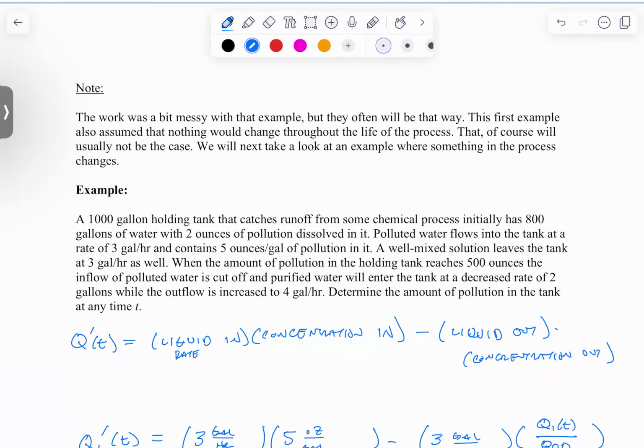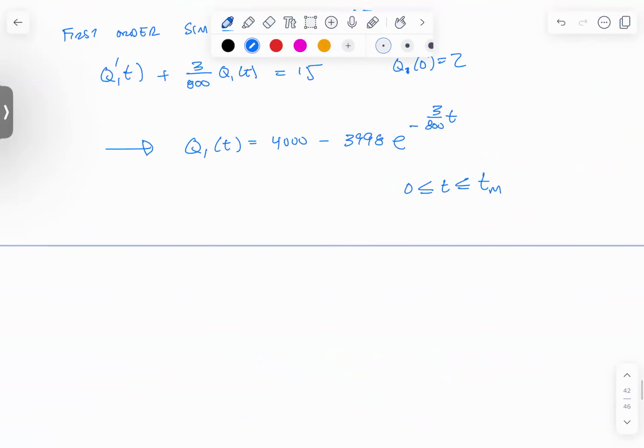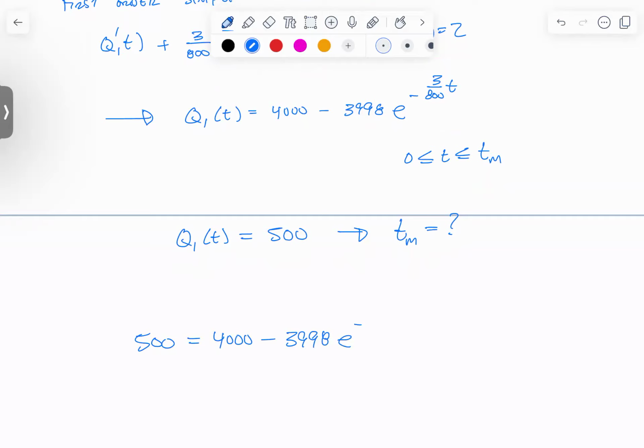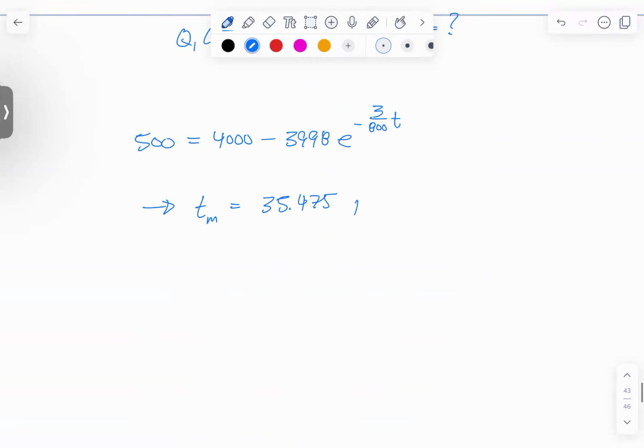How much pollutant will be in our system? 500, which means that if I have Q1 of T equals 500, I should be able to solve for TM, which means I could just set those two equations equal. Solve via graph. So many hours.